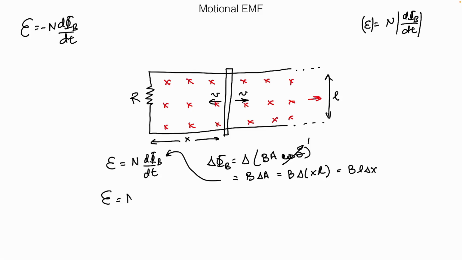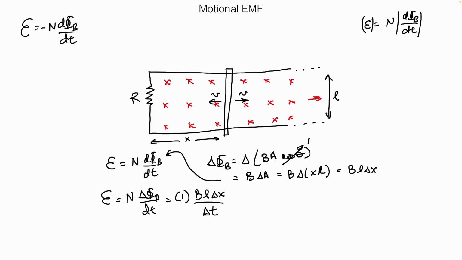Oh, by the way, how many turns are there here? 1. So n will become 1. And then this is delta phi B over dt. So n becomes 1, this is B times L times delta x, and that all gets divided by delta t.